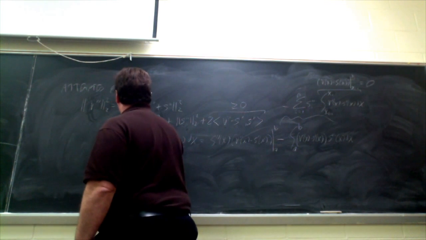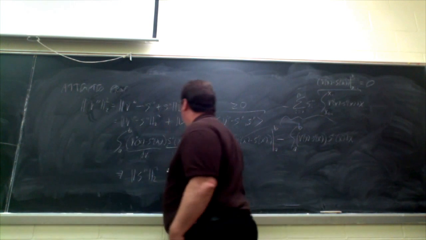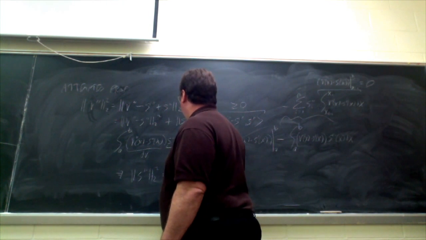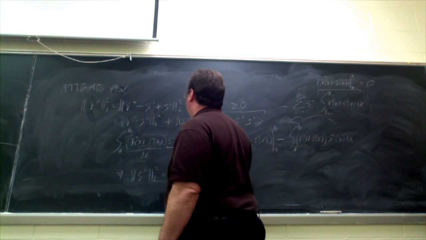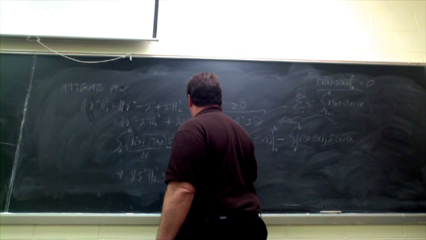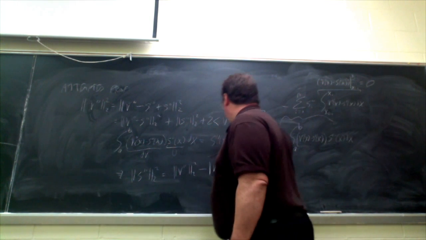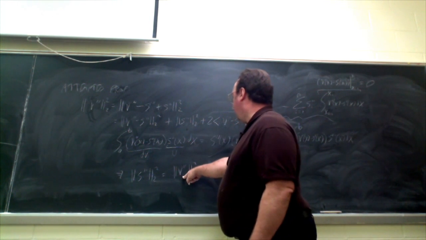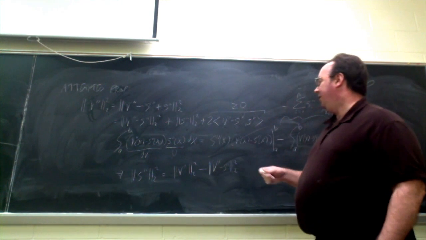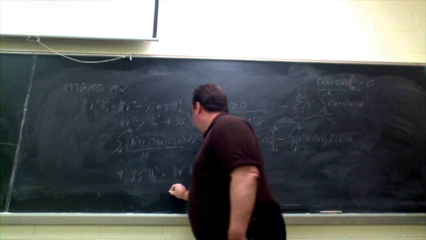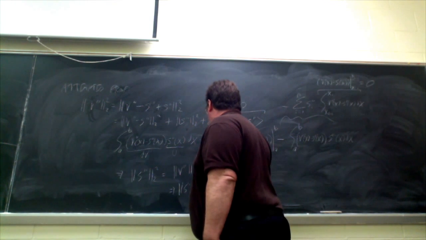So therefore, the norm of S double prime is equal to the norm of V double prime squared minus something that's positive, so I can just replace that with that.